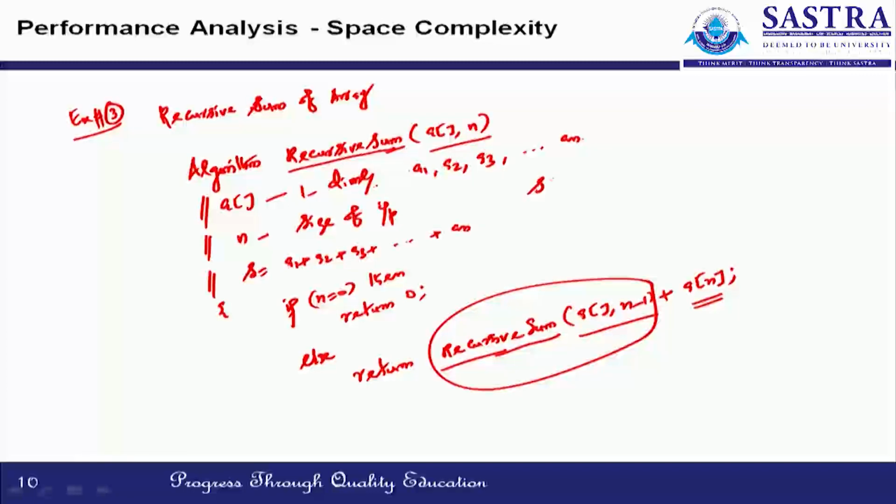So, logically, if S is equal to a1 plus a2 plus a3 plus etc., an, when this is defined as sum of A array comma n, then a1 to a n minus 1 can be defined as sum of A array comma n minus 1.